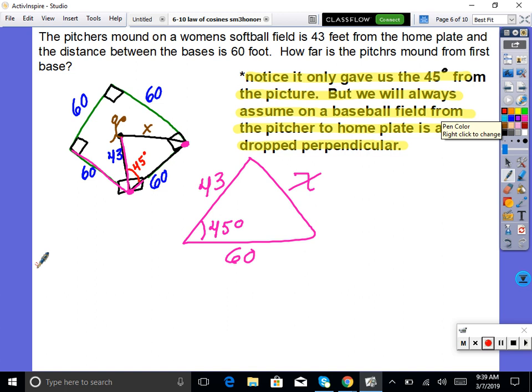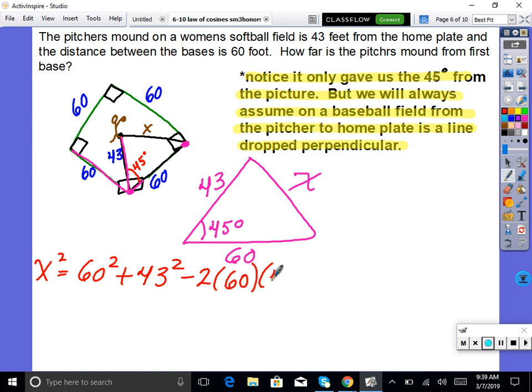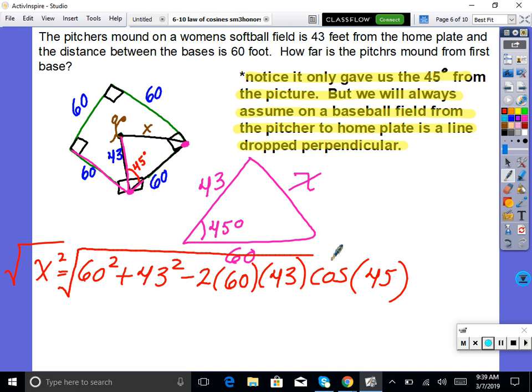So we would say, okay, x squared is equal to 60 squared plus 43 squared minus 2 times 60 times 43 times cosine of the angle across from the missing side, so cosine of 45. And then what would we do to solve for x? Square root. So everybody square root that, and let's see how far the pitcher is from first base.